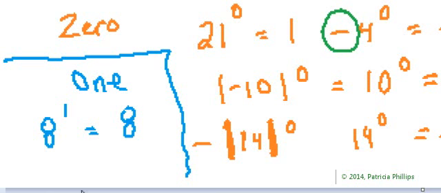When you're dealing with absolute value or even a parenthesis, you will often see something like negative 8 to the power of 1. You raise 8 to the power of 1, which means you get your 8, and then you apply the negative sign afterwards.